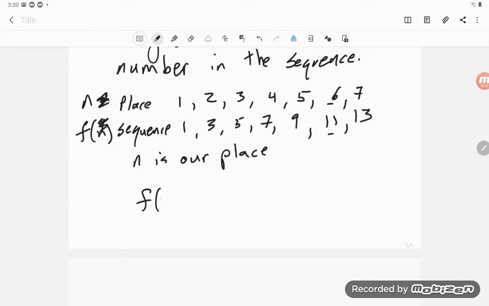But so my f of n plus 1 in this case, I can define as f of n, my previous number in the previous place, plus 2. But under this definition, I do have to tell you that f of 1 is 1.